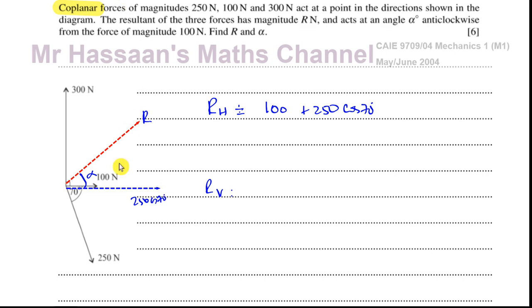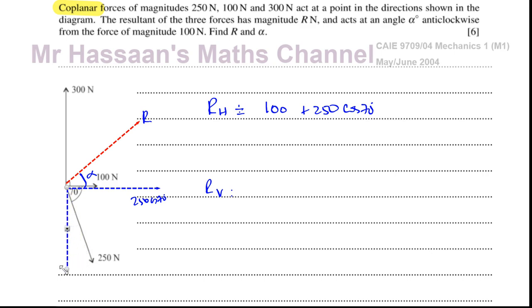And if I want to resolve the same force in a direction which is vertical, I want to resolve this force vertically, then I have to go away from the angle given.